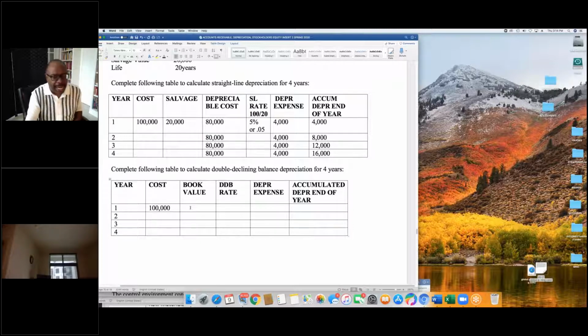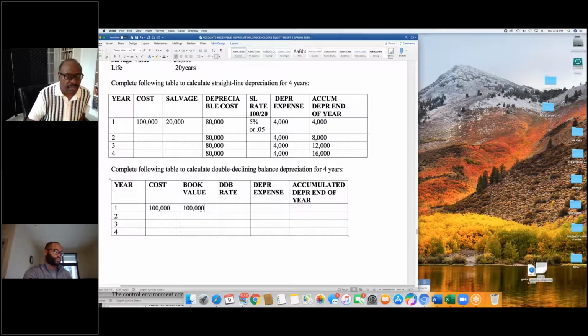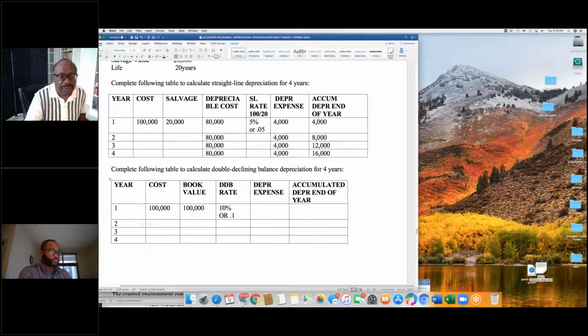So the double declining balance, our book value that first year is always going to be its cost. What's our DDB rate going to be? 20%? It's 10. 10%. 0.1.